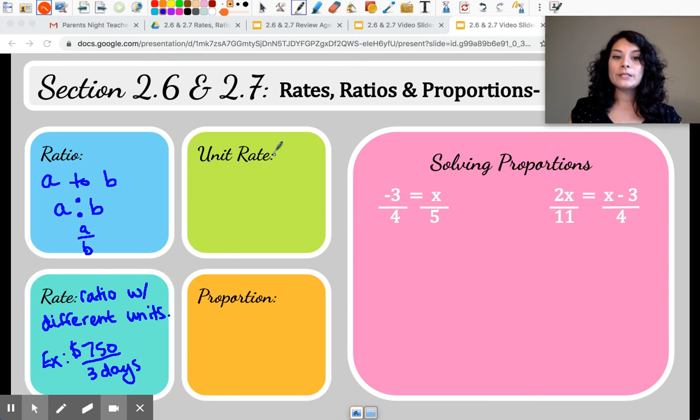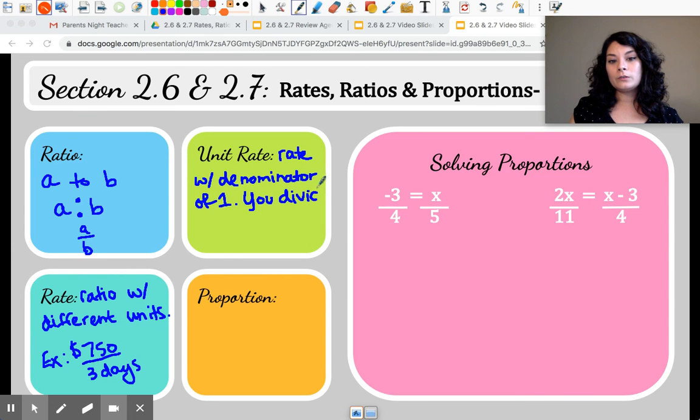A unit rate is a rate with a denominator of 1. To get a unit rate, you divide. Okay, so you may just want to add that in your notes. You divide to make a unit rate.